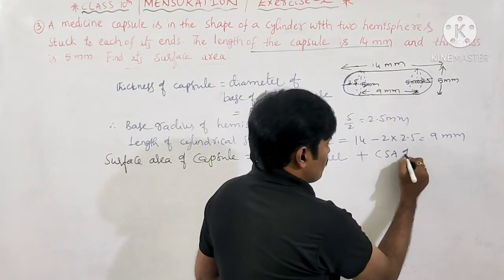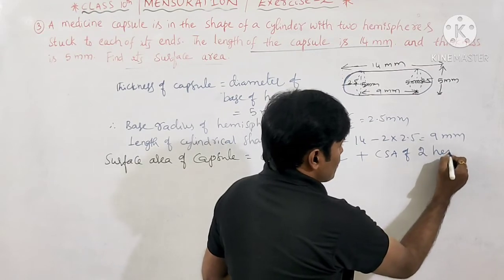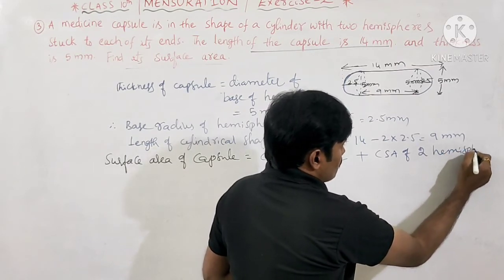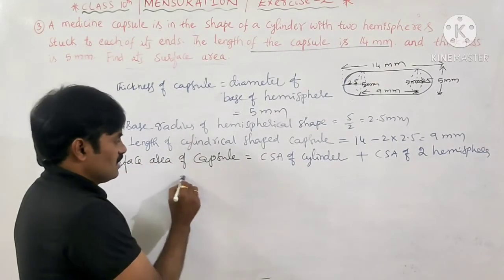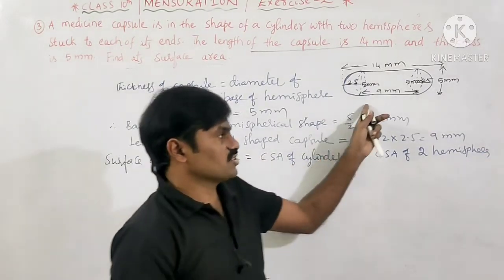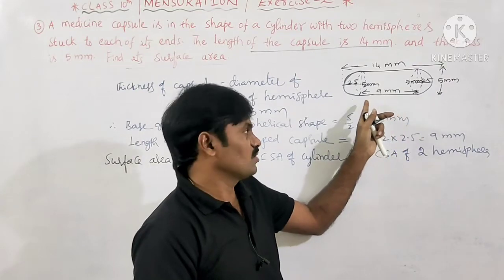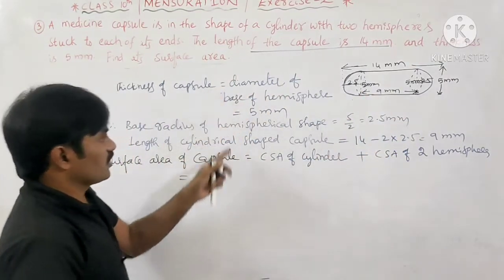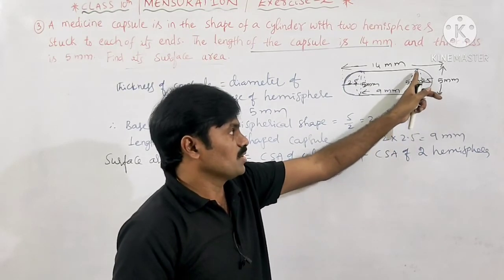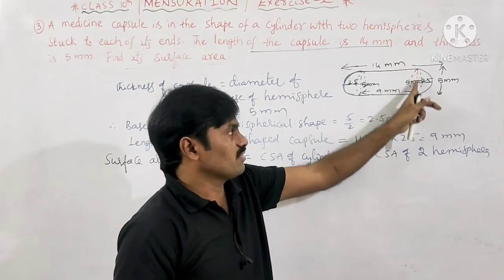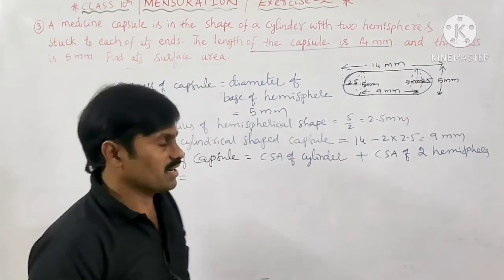The curved surface area of a cylinder formula is 2 pi r h, where pi value is 22/7 and r is the radius of this base. The total diameter is 5 mm, so its radius becomes 2.5.